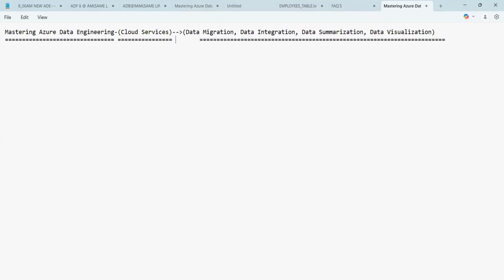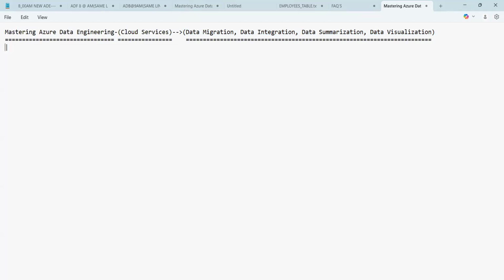That means for the following processes: data migration, data integration, data summarization, as well as data visualization.